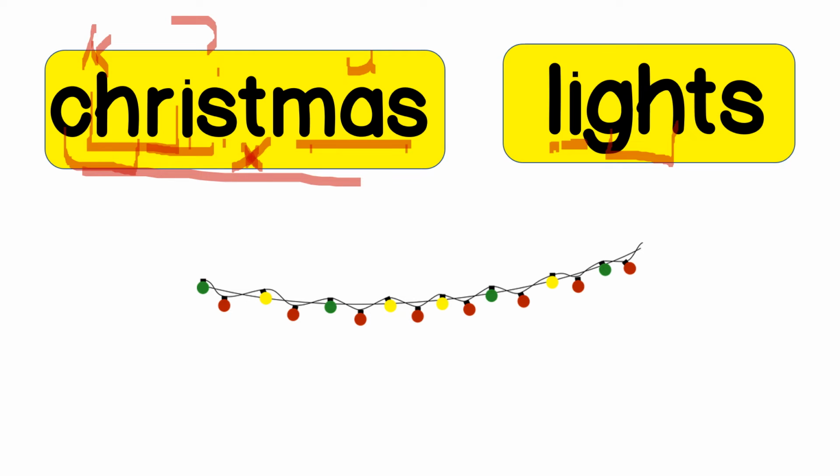Then we're going to hear T. Let's put those three sounds together. L, I, T, light. Let's now add the S sound. Lights. Christmas lights.